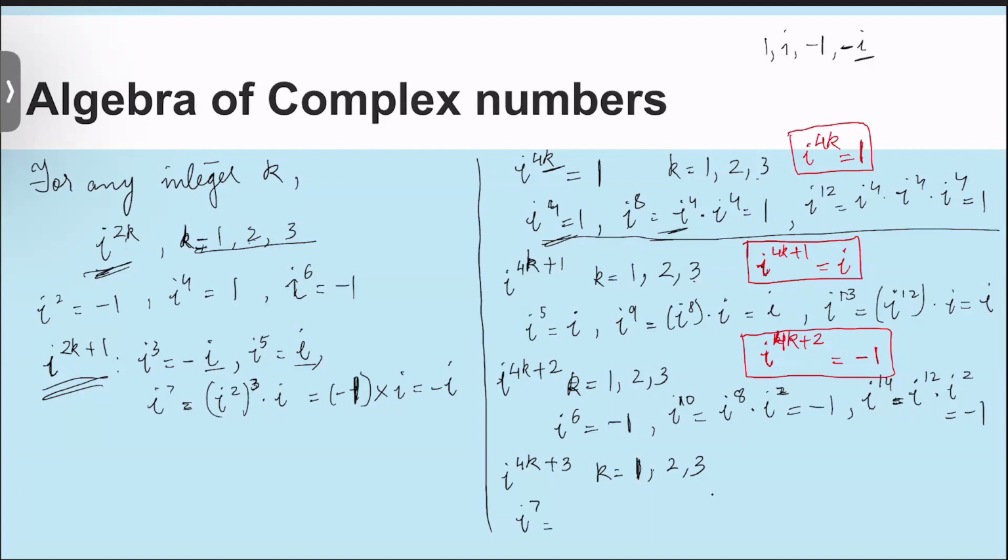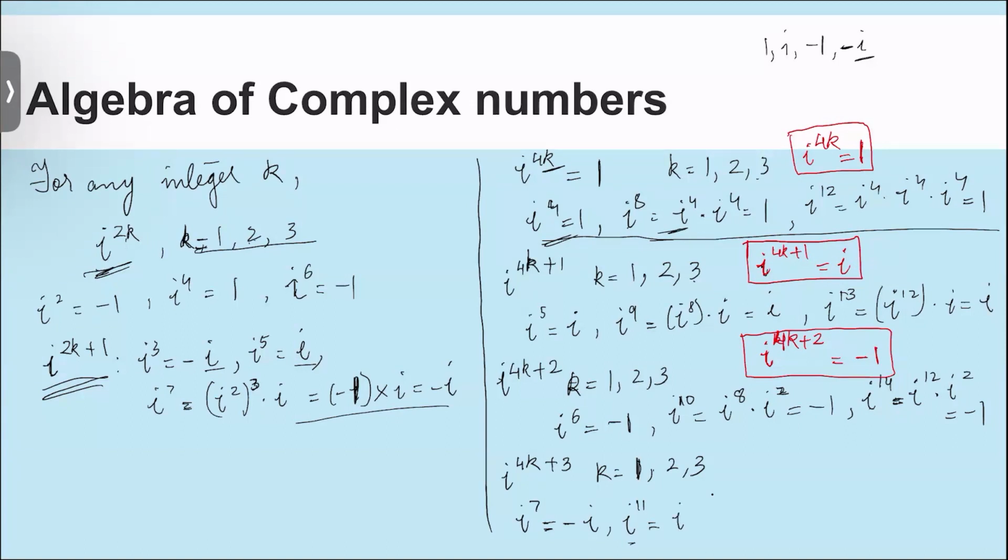We have already solved it over here, so that is minus i. Then 8 plus 3 is 11. Then again you try to simplify this, by writing i raised to the power of a multiple of 4. The closest one that we have is i^8 times i cubed.